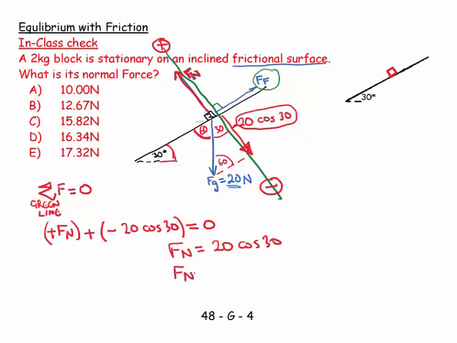So Fn is equal to 17.32 newtons. And there it is, 17.32 newtons.